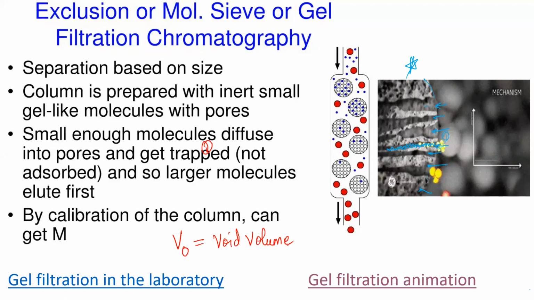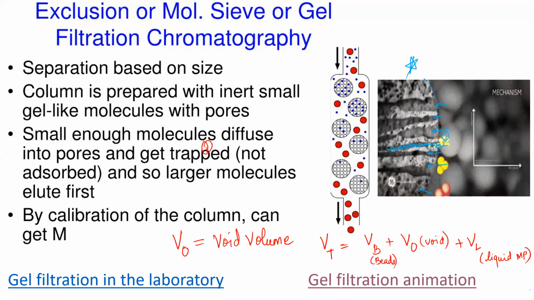Void volume is the volume of buffer, the volume of your mobile phase, which runs through the gaps. Okay. And then you have the column's total volume. What is the total volume of the column? That can be represented as VT. So the total volume of a column is the volume of the beads, the stationary phase, plus your void volume, plus VL, the liquid mobile phase.